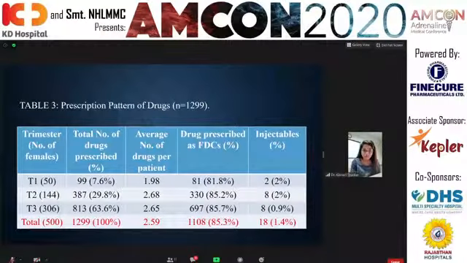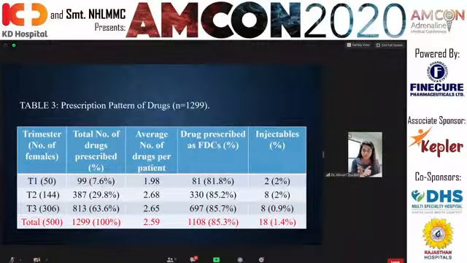So the total number of drugs was 1,299, and the maximum number of drugs were in the third trimester. Here it is because we had more females in the third trimester, and so there were more drugs in the third trimester, which we can make clearer by seeing the average number of drugs per patient.